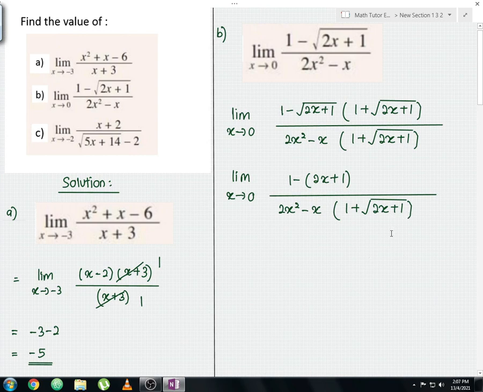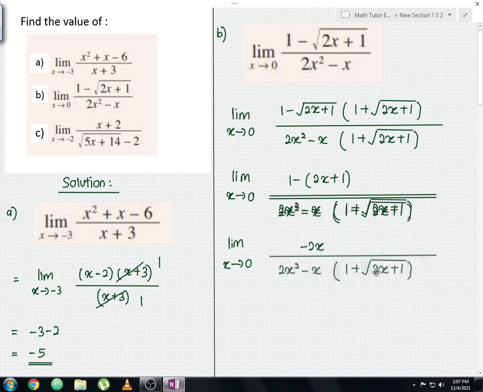Okay, you solve the numerator, you should get limit x approaches 0, you should get negative 2x, and then you divide with 2x square minus x, and then in the bracket 1 plus square root 2x plus 1. Okay, once we are done with the numerator, now we can focus on the denominator.